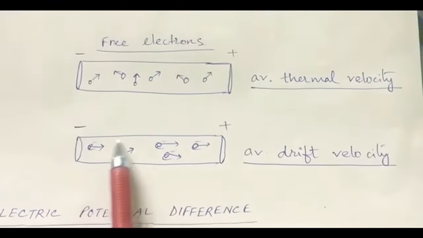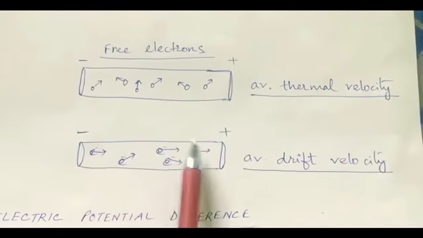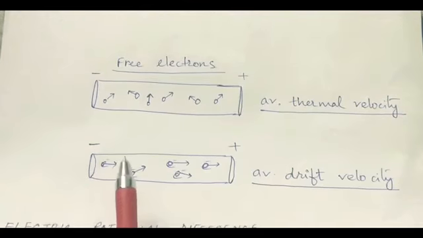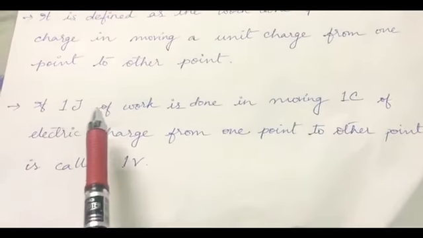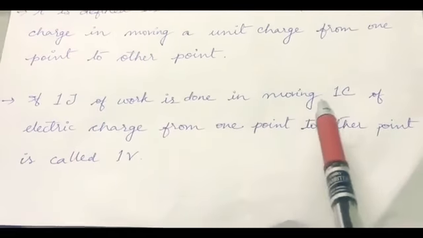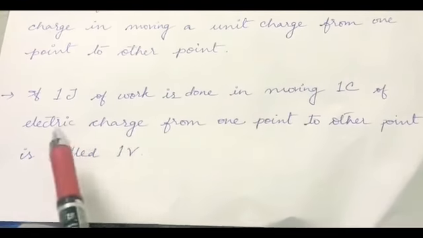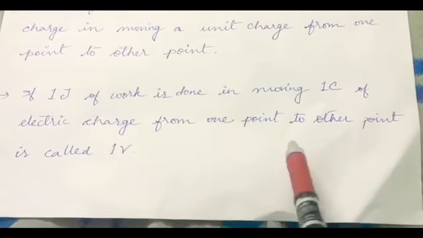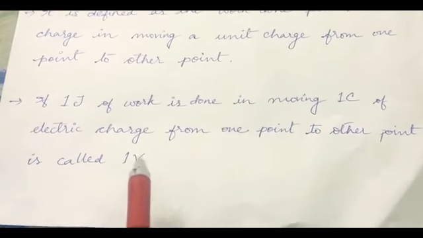Again I'm telling, if 1 joule of work is done in moving 1 coulomb of electric charge from one point to other point, it is called 1 volt.